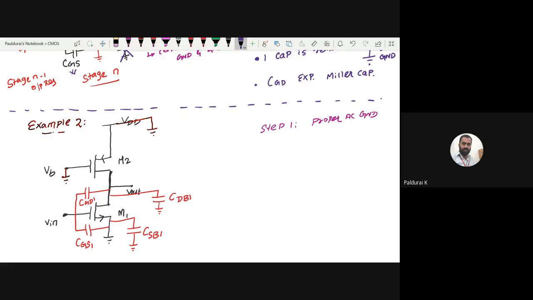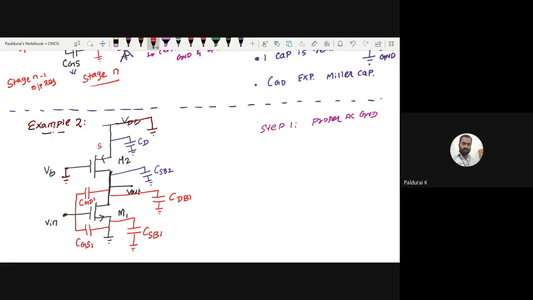Remaining, now draw the 4 capacitors associated with M2. This time I have chosen blue color, since the color is very weak. So let me draw all the capacitors. This capacitor between source to bulk of 2, and here between source, this drain, right? Actually this is PMOS, so let me correct this.